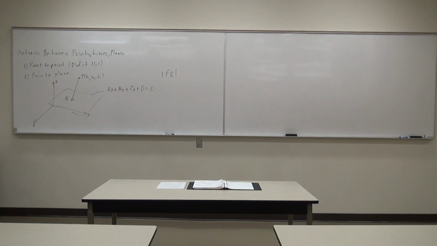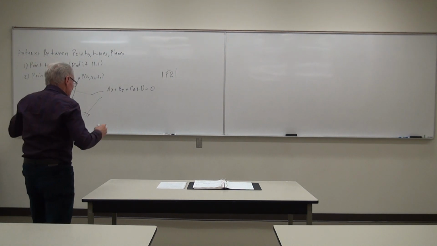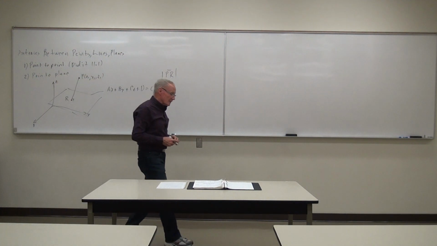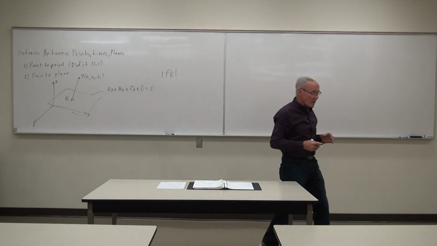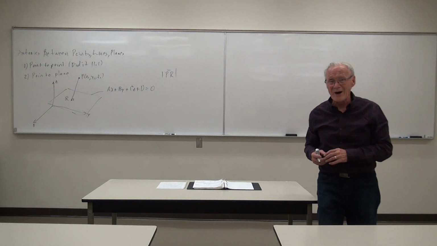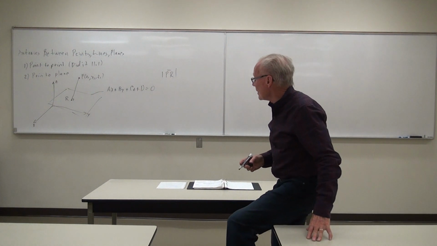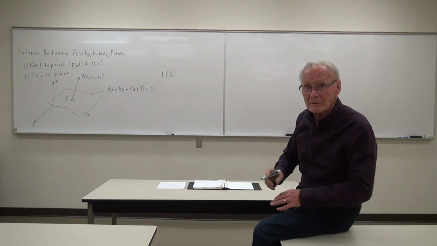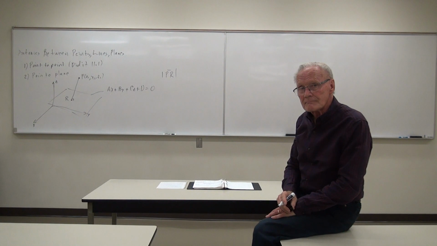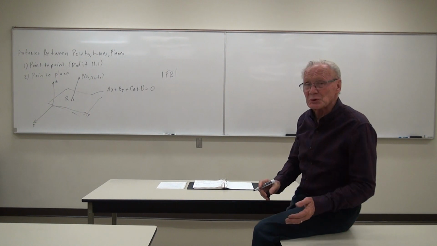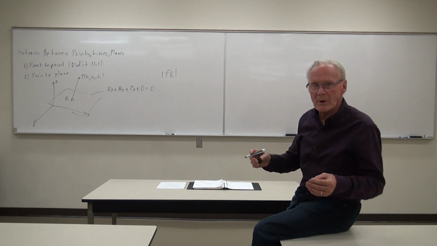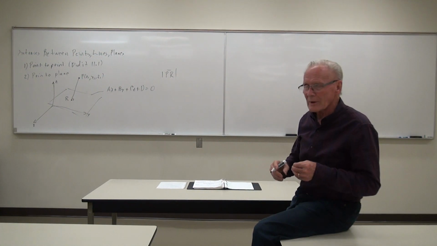The problem is, I don't know where R is. One possibility is to find the coordinates of R. Think a minute how you might do that. Could you find the coordinates of that point R, and then use the point to point formula? The answer is yes, you could. But if I do it that way, then I'm going to have to do all problems by the same procedure, and I won't have a formula.